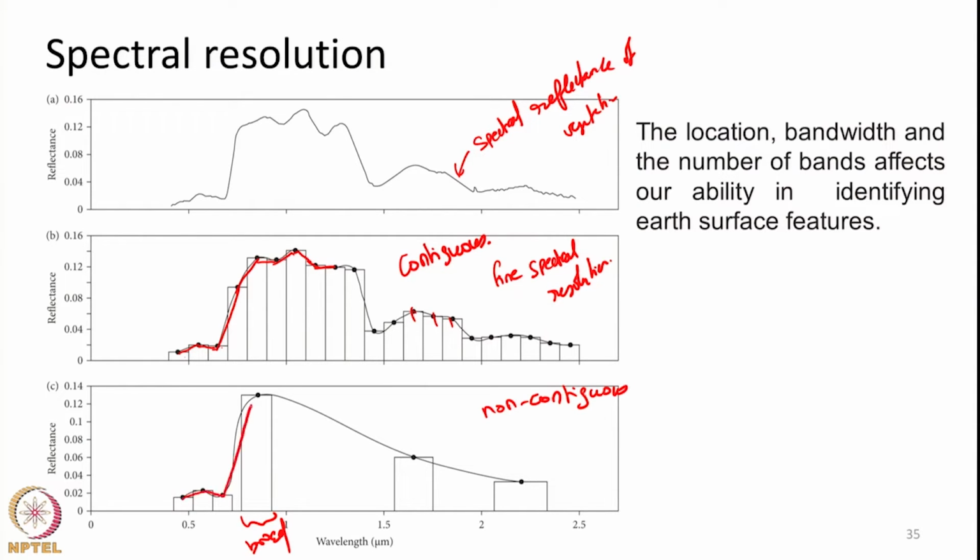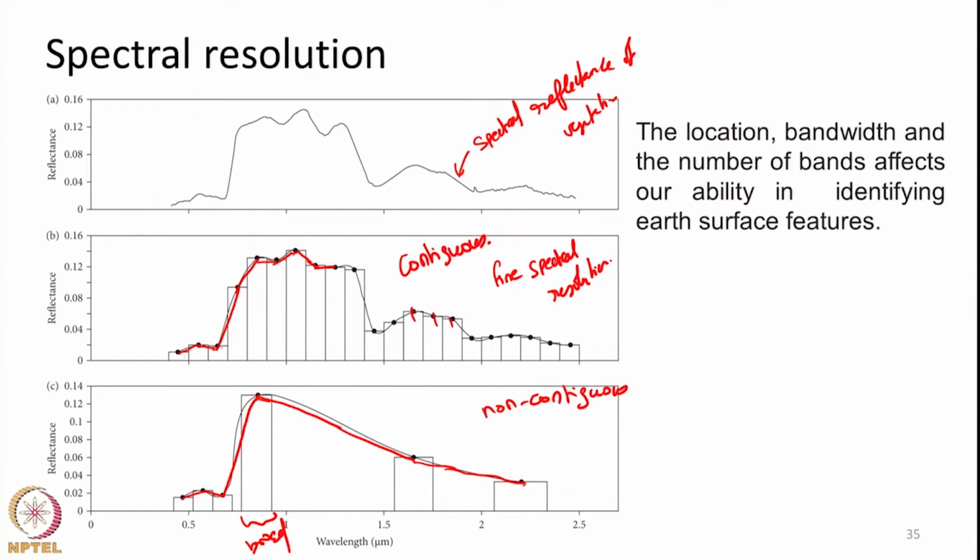We will not be able to get the proper spectral reflectance curve of vegetation. For vegetation it is okay, having a smaller number of bands will provide a lot of information, but for other features, especially earth science people who work towards detection of minerals, identifying different types of rocks, for them every minute absorption feature in the spectral reflectance curve is very important.